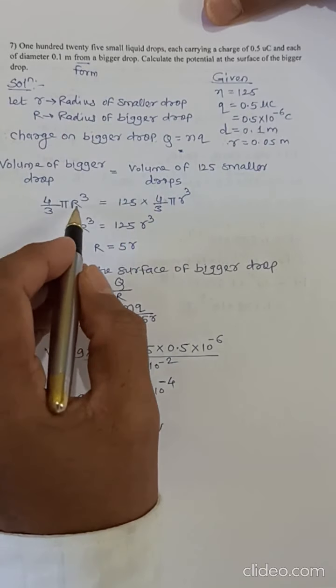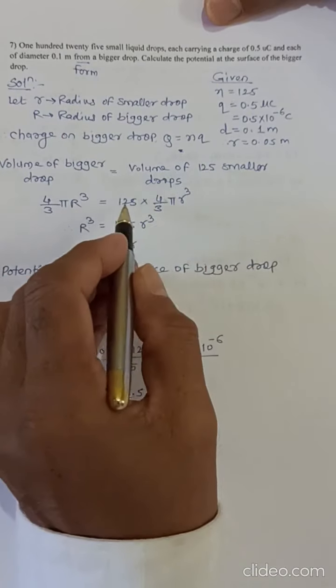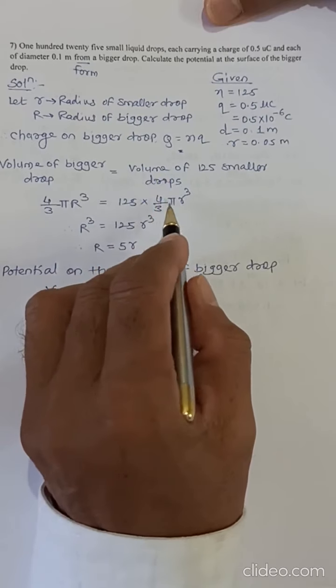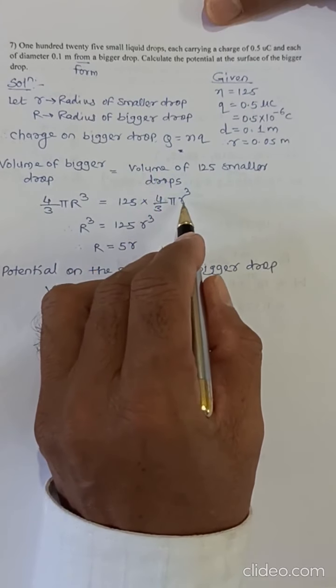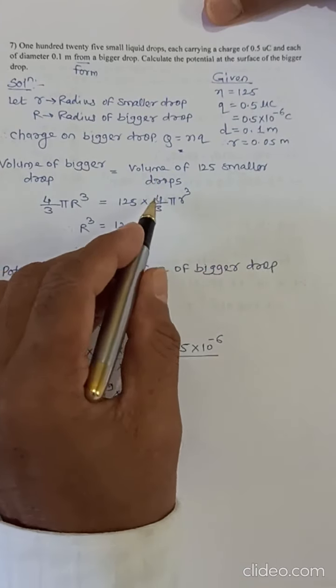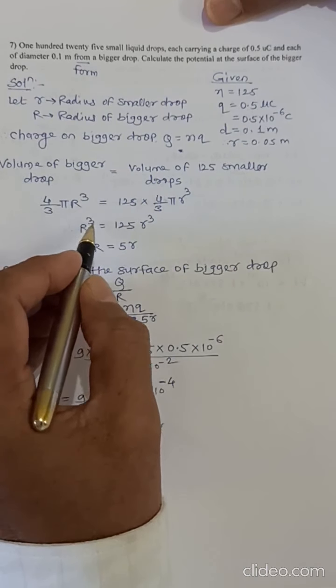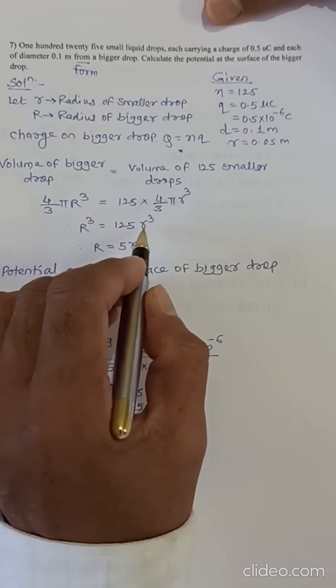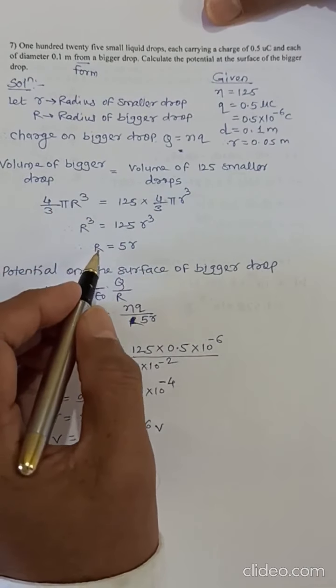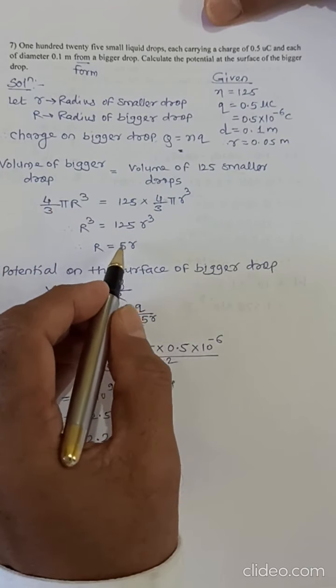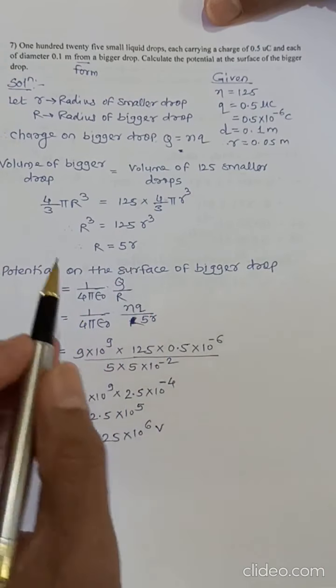So 4 by 3 pi R cube is equal to 125 into 4 by 3 pi small r cube. So 4 by 3 pi gets cancelled. Capital R cube is equal to 125 into small r cube. Take the cube root, R is equal to 5 times small r.